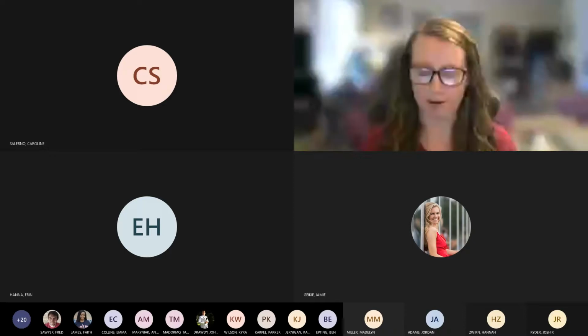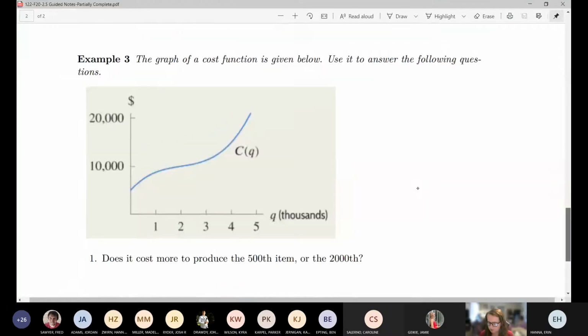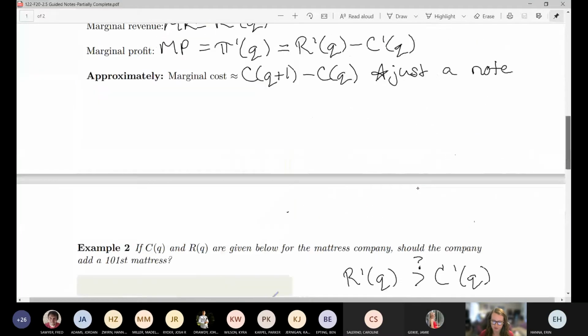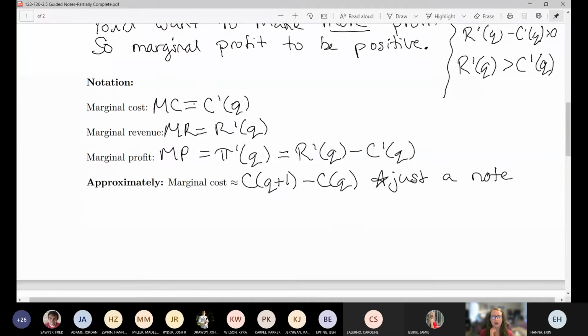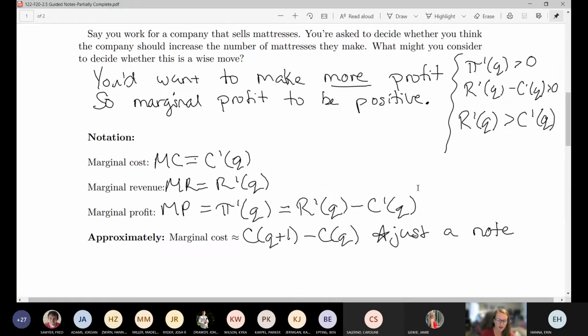There we go. Okay, so remember 2.5 was mainly about marginal cost, marginal revenue, and marginal profit. Remember that marginal cost, revenue, and profit are the derivatives of whatever function you're talking about. Your Y1 is most likely going to refer to them as MC and MR for marginal cost and marginal revenue.